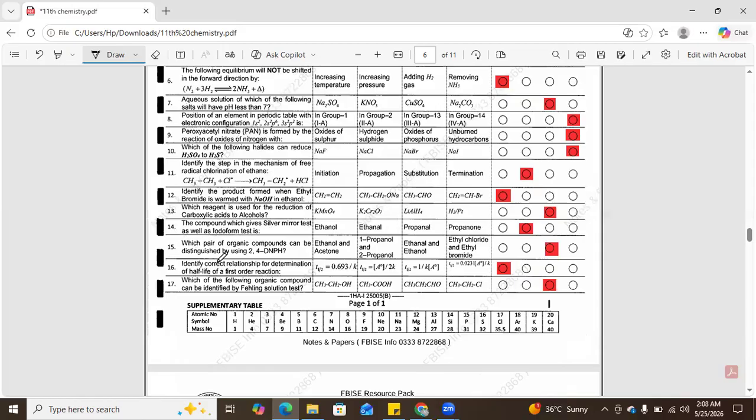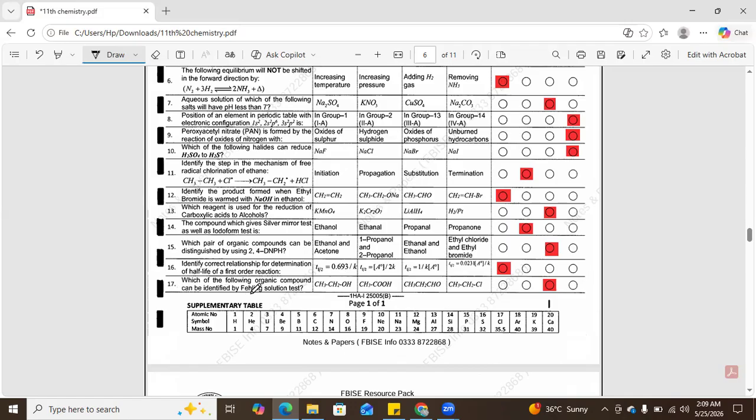Which pair of organic compounds can be distinguished by using 2,4-DNP and pH? So, ethanol and ethanal. Identify the correct relationship for determination of half-life of a first order reaction. This is t half is equal to 0.693 per k.